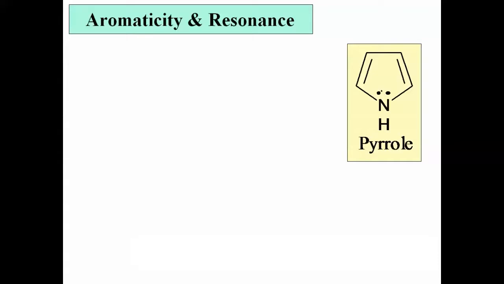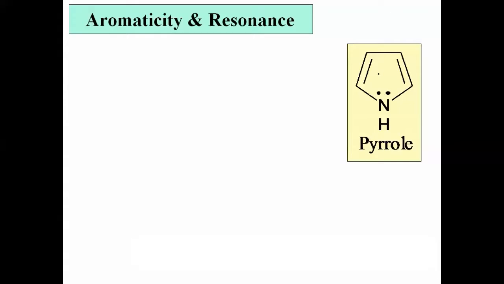Now what about the pyrrole? Actually it has only 2 pi bonds. Each bond contributes 2 electrons, means there are only 4 pi electrons. What we are looking at is that pyrrole has only 4 pi electrons, means it does not have 4n plus 2 pi electrons. Therefore what is our observation?